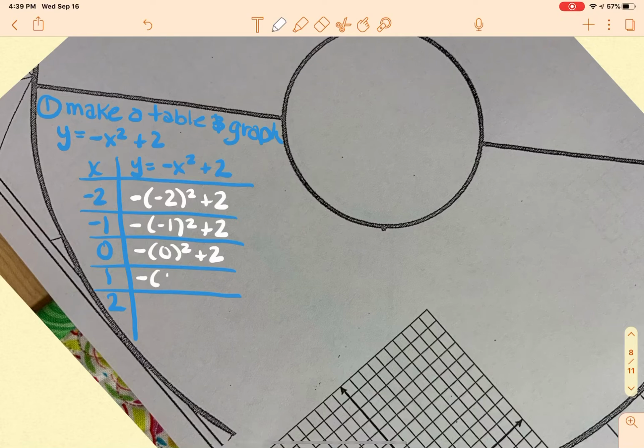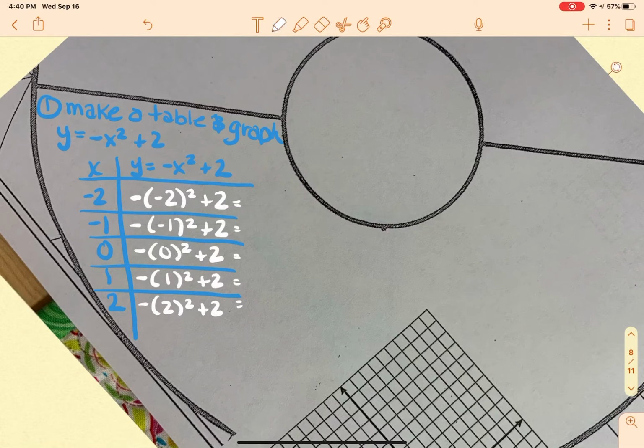Especially the more complicated they get, the more that will help you. And make sure when you do that this negative is outside the parentheses and that one's inside.